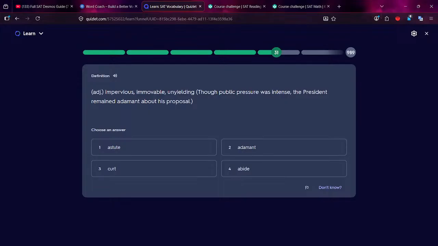Impervious, immovable, unyielding. It's either astute or adamant, because abide means to stay in or something like that, and curt means short. I'm not sure, but it's probably adamant.